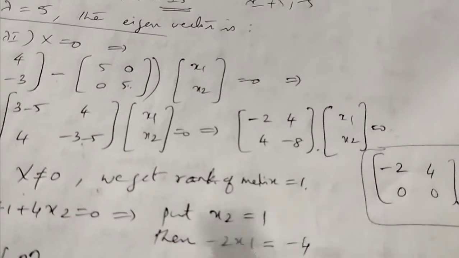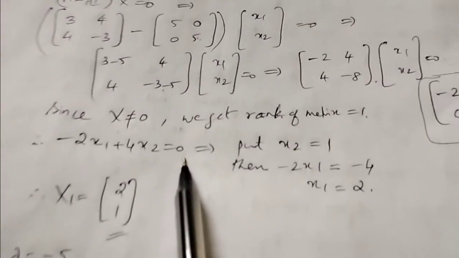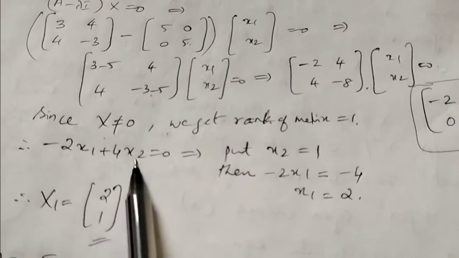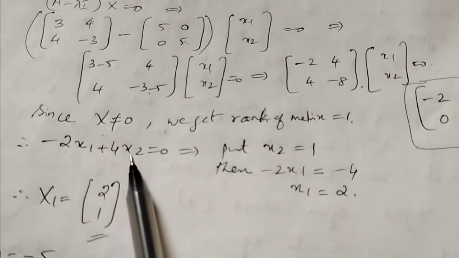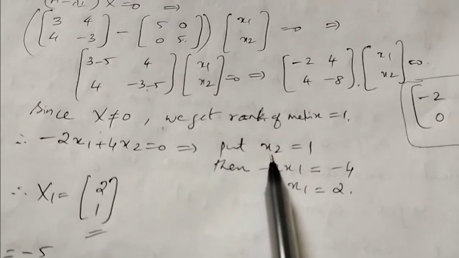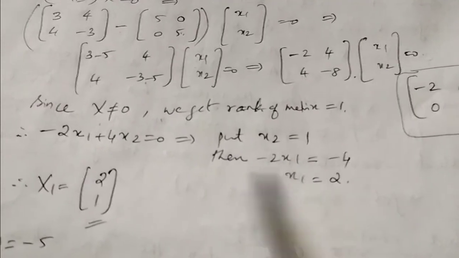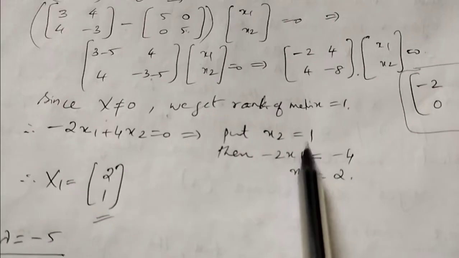So the only equation is −2x1 + 4x2 = 0. With two variables and one equation, n minus 1, we put any one of the variables to an arbitrary constant. Here I put x2 = 1, then we get x1 as 2. So the first eigenvector is x1 = 2, x2 = 1.